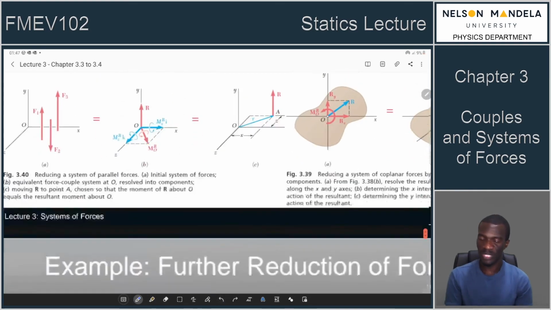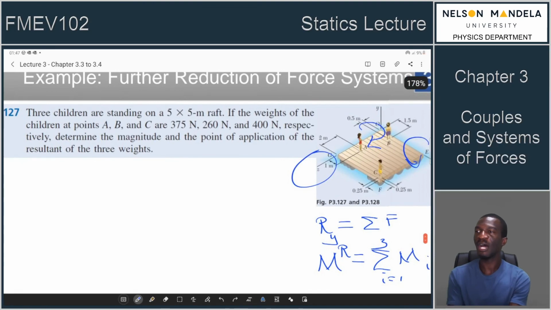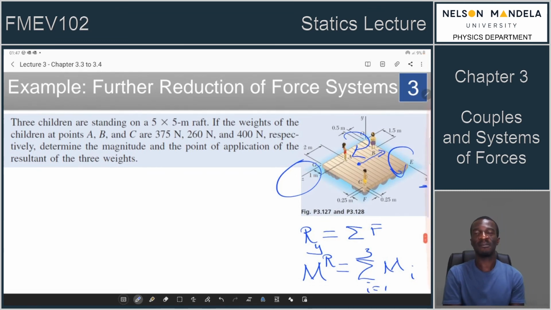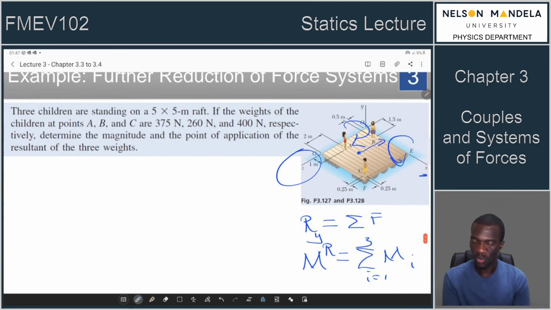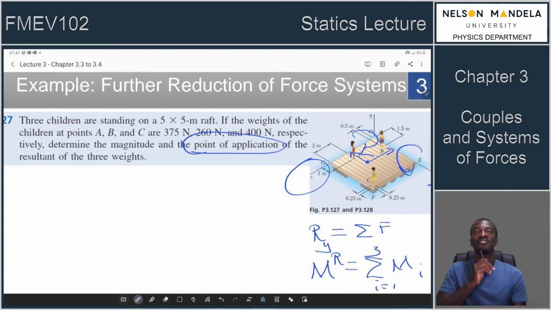Now if the resultant is located at this point, the question is, what is its moment about the x-axis? What is its moment about the z-axis? And we should equate. When we have done so, according to the question, we can actually locate the point of application of the resultant of these weights.